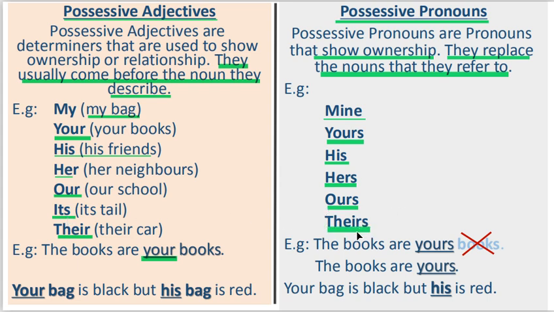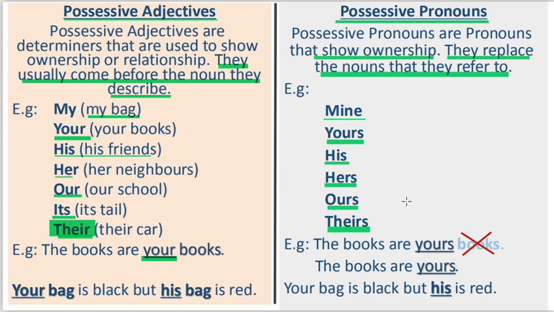The equivalent of that under the possessive adjective is their without the letter S. But as a possessive pronoun, it has the letter S, theirs. One thing that you are going to take note of is that the possessive pronouns, except mine, have the letter S at the end. Yours, his, hers, ours, theirs.